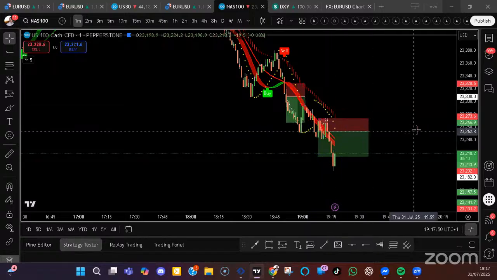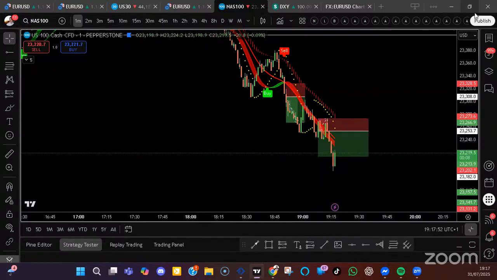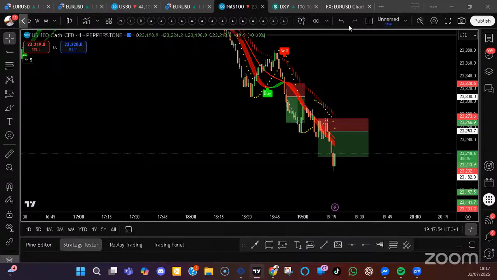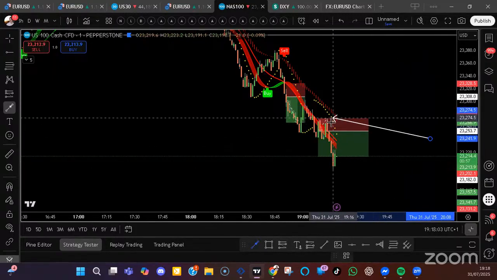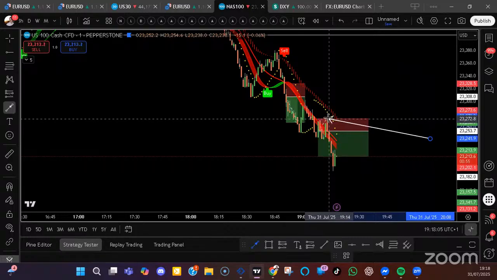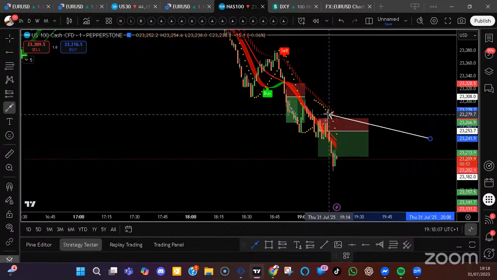And that little, hang on, let's get, where's the tools gone? Oh, there we are. This little spike here with commission actually got me out of the trade.